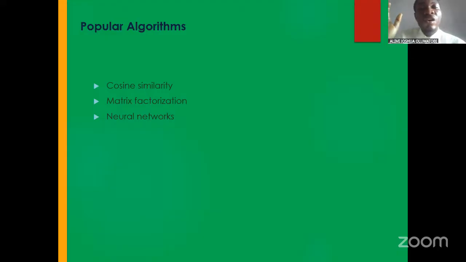And so the popular algorithms: we have the cosine similarity. Yes, cosine similarity. It's more or less like what I said earlier. Let's just say I'm a twin. I am Kende, and I also have my twin brother, which is Tai. Now, I love ball, I love books, and I love beef.